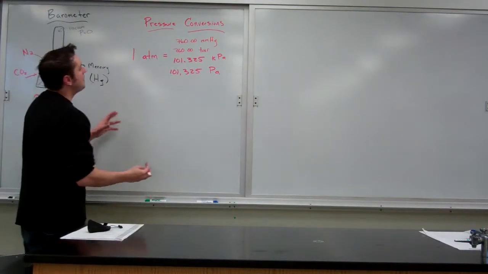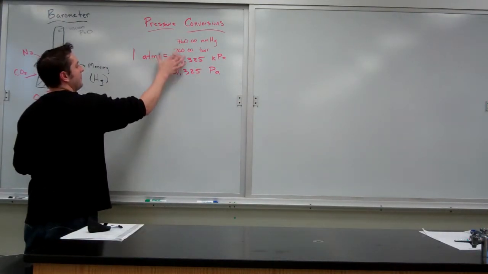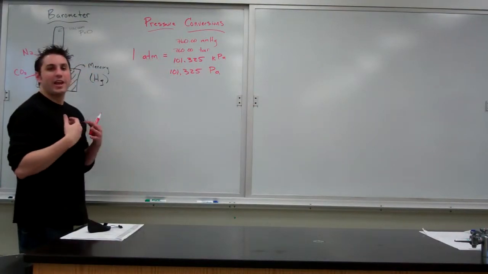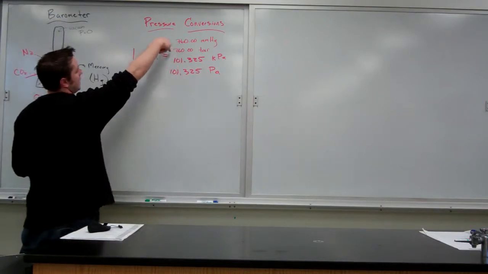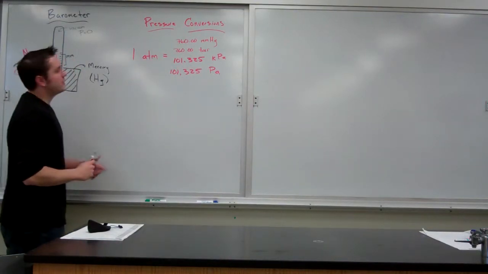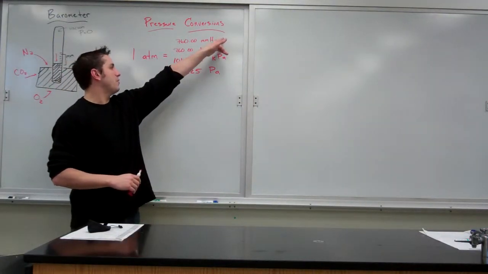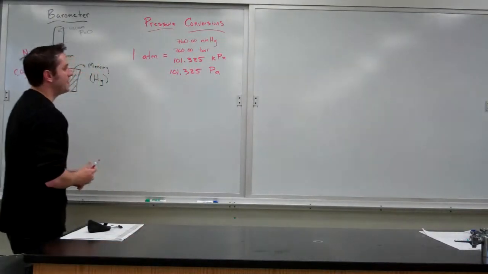Because they're equal, that means you can set any one of these over each other in a bracket problem to convert. Also, because the 760 and 760 are the same, you now know that a millimeter of mercury and a torr are one and the same thing.